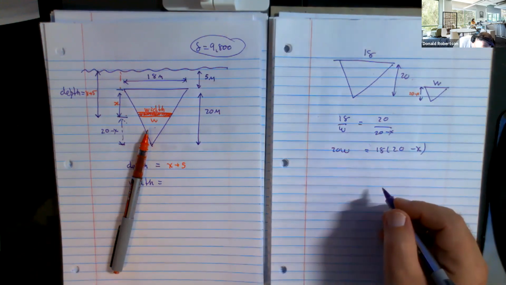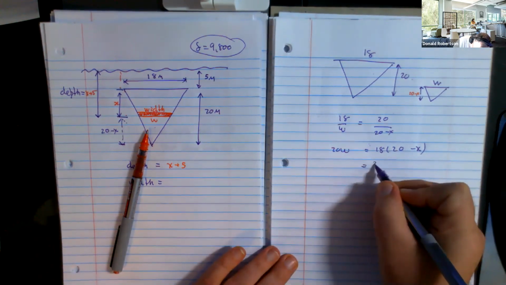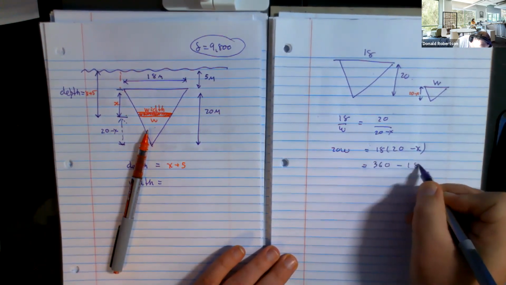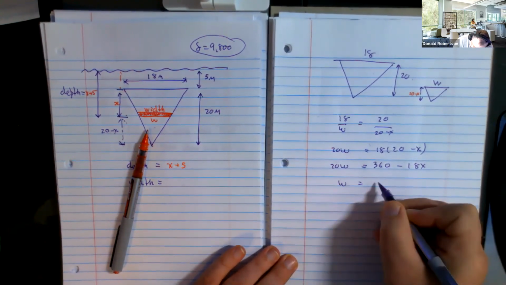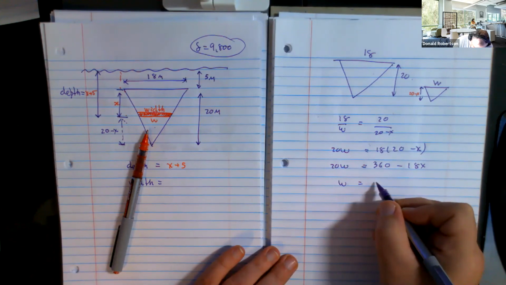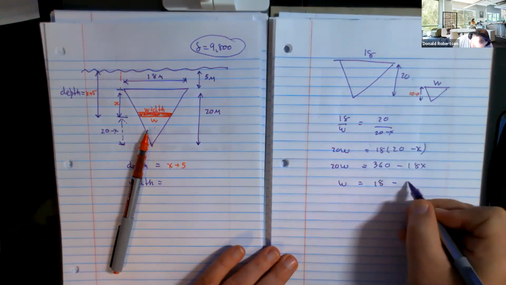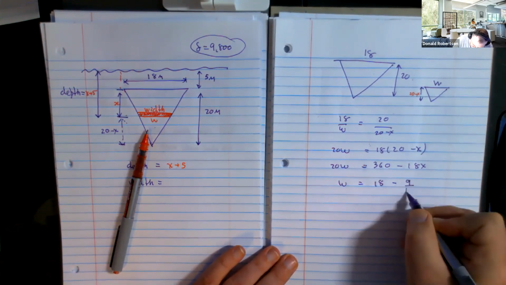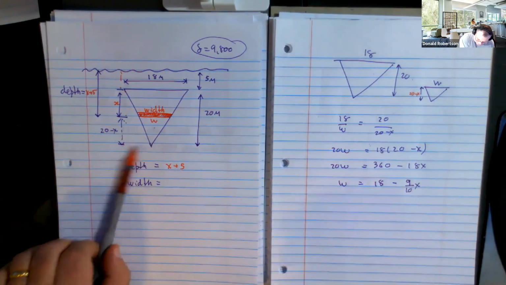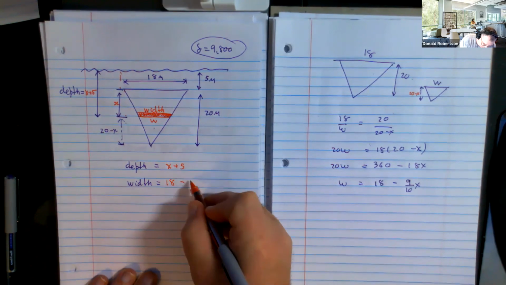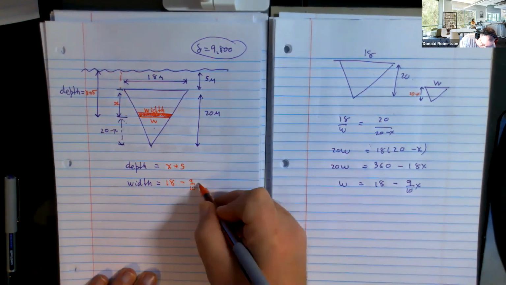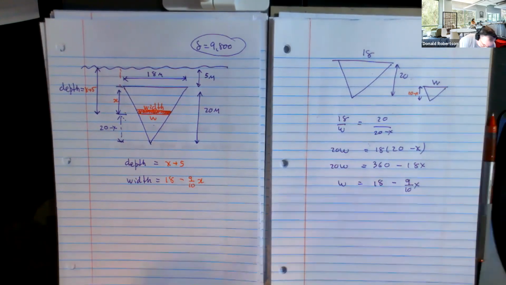So I now have 360 take away 18x. Divide everybody by 20. 18. 9/10. So the width ends up being 18 subtract 9/10 times x.